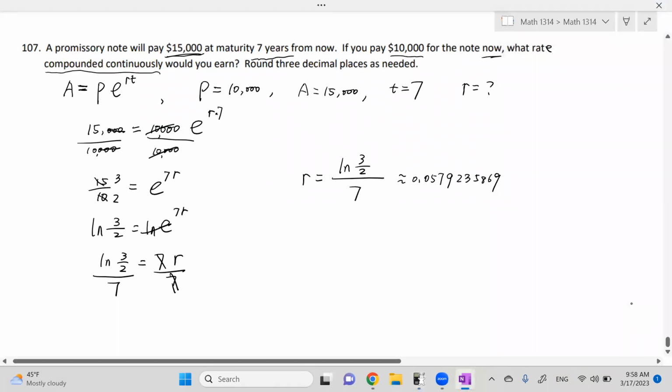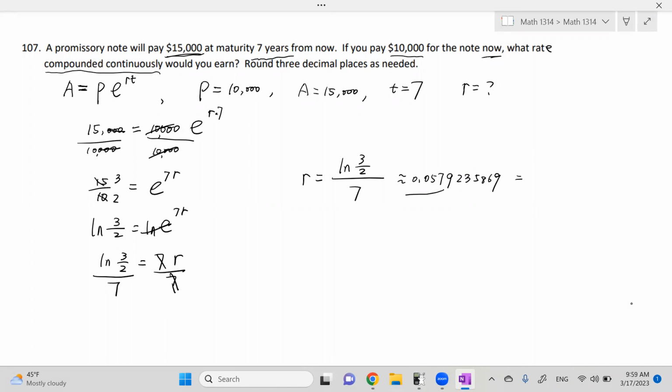I copied down all the information here. Okay, so let's read the question. Round to 3 decimal places. I'd better not stop here, because I know the rate should be a percentage. So I can convert it to a percentage first. To convert it to a percentage, I move the decimal point to the right 2 places.